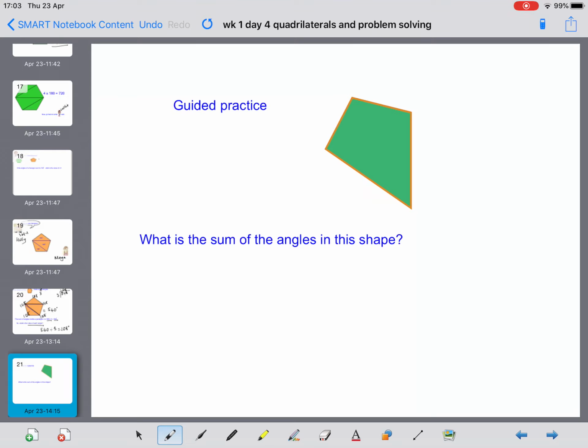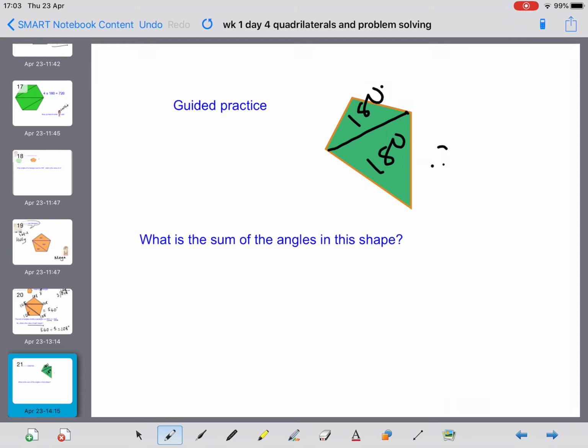Okay, guided practice. What do you think the sum of the angles in this shape might be? Have a look at the shape. Like a kite. Pause the video and have a go. Okay, so hopefully you recognise that you can have, in that kite, two triangles. One there, one there.